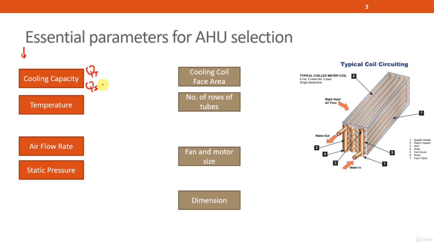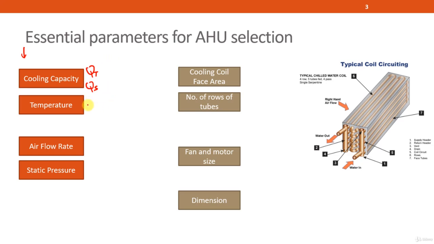Because for certain spaces, if the latent load is very high, then you may have to upsize your cooling coil, because at a certain face area, the cooling coil can only remove a certain amount of sensible heat and total heat.